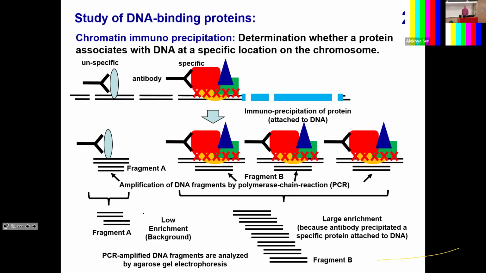So the antibody will bind to these beads, and by regular centrifugation, you can collect the beads in the reaction tube, and the beads have bound the antibody plus the protein complex with the DNA. So you have captured all this with the beads in the pellet.